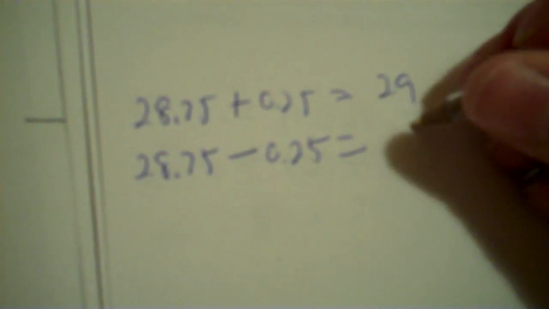Anytime you're finding a range, you have to have variation. Within also means variation. So you're supposed to put your 28.75. We add, subtract. Pretty obvious what we're going to add and subtract. So this is 29 even. That's going to be 28.50.